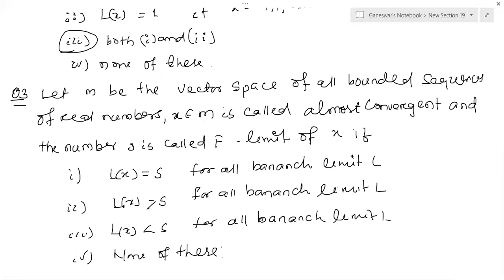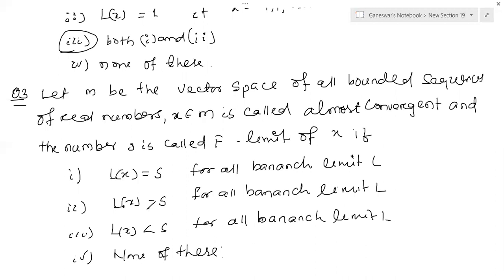From the definition of F limit and convergence, almost convergent or F limit, just remember the definition: a Banach limit is any linear functional L defined on M such that it satisfies the condition Lx greater than 0.